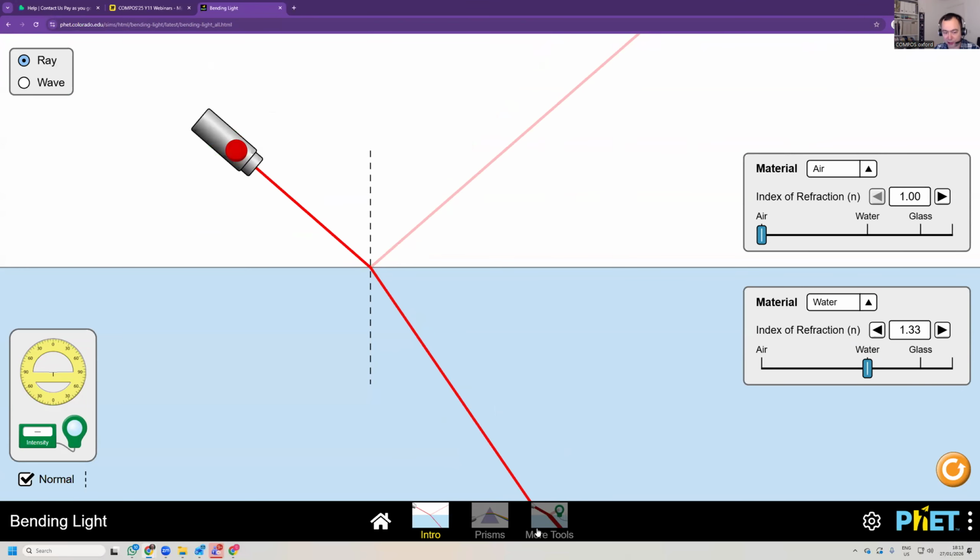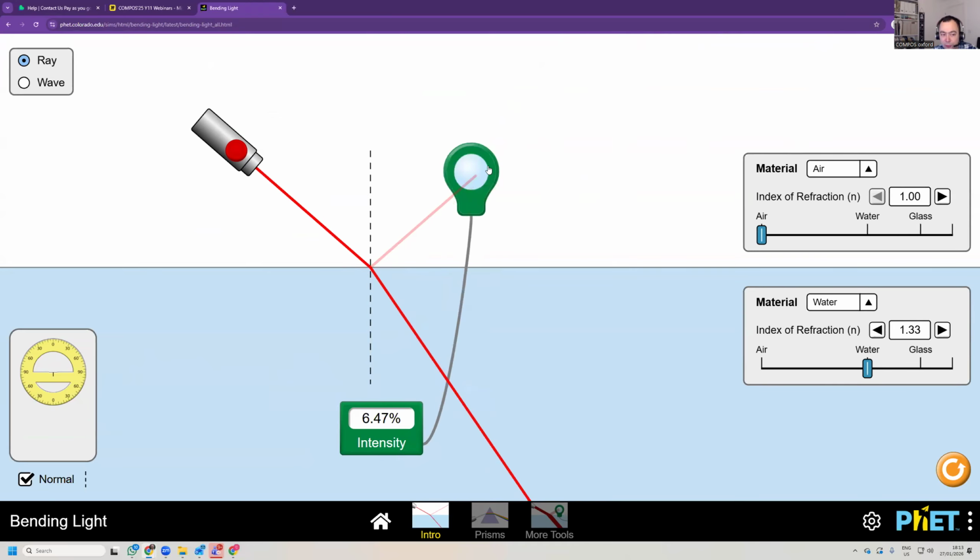This is called refraction. Refraction and reflection. So when you have refraction, you always have reflection. You can see that 93.5% of light is refracted, and of course 6.4% is reflected.